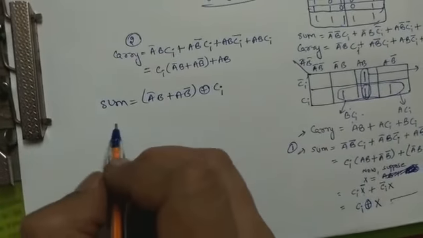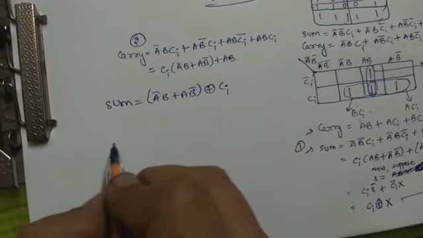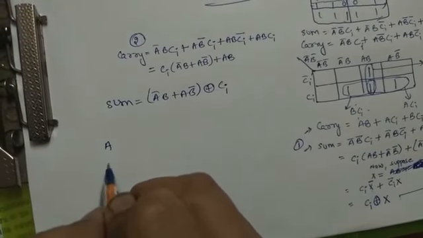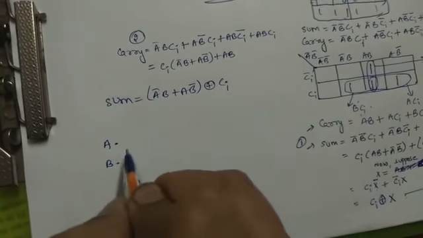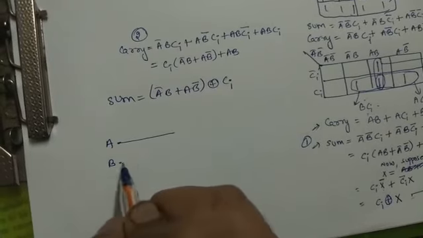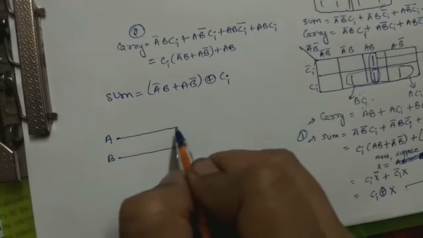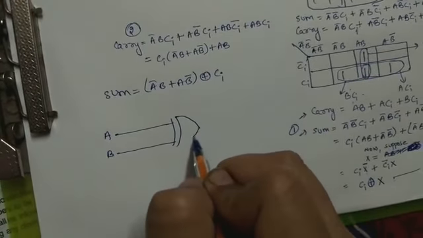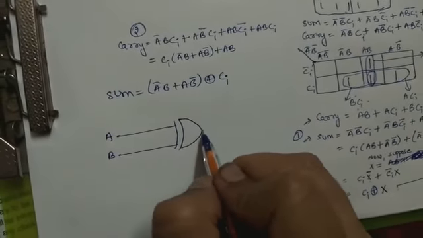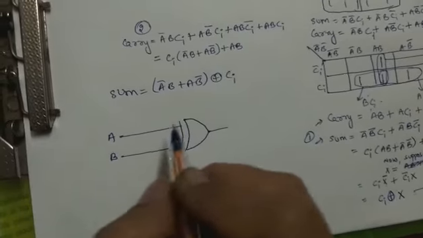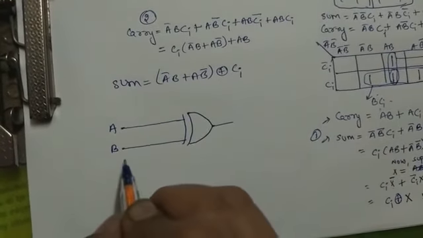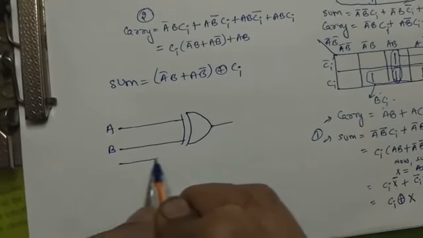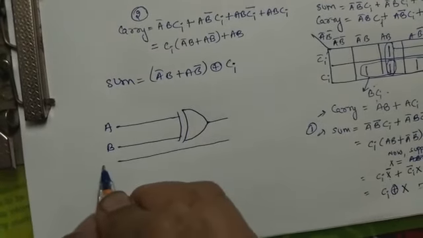So this is basically, we have taken A, B and this is AB, and from here again we have to take the carry input CI.